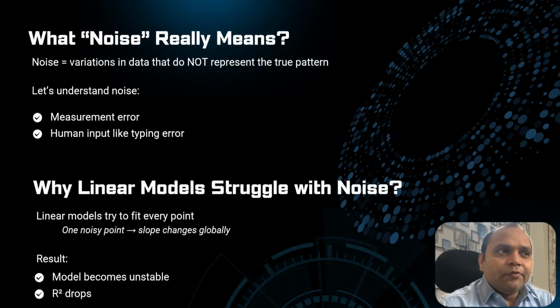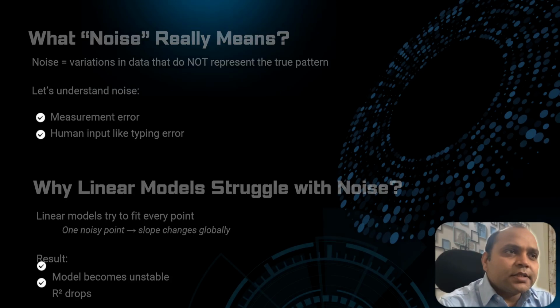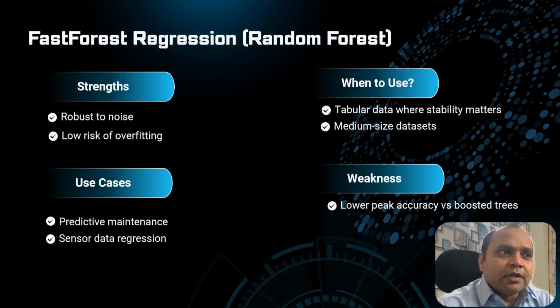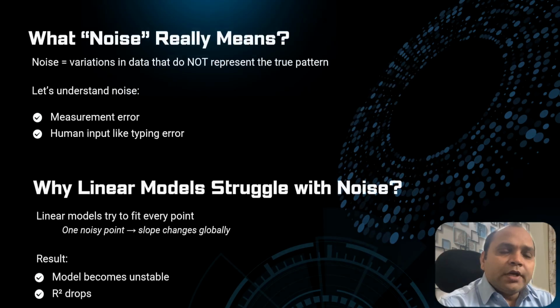Now, what does noise really mean? In an earlier slide, you have seen robust to noise. What does noise mean? Do you know about it? Noise means that in your data, if you have variation and the data is not representing the true pattern, not representing the correct pattern, it's noise.